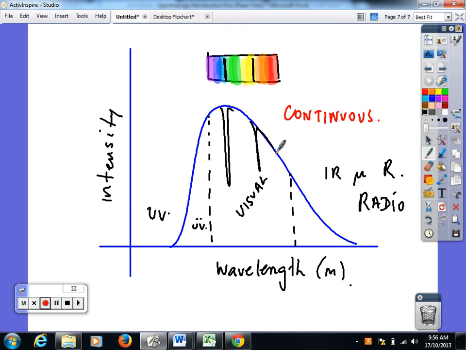So they're very hot, but compared to the sun's surface, they look black. Is that making sense? So these here are still quite colourful, but because the surrounding is much brighter, it appears black. And so we perceive these as dark lines.